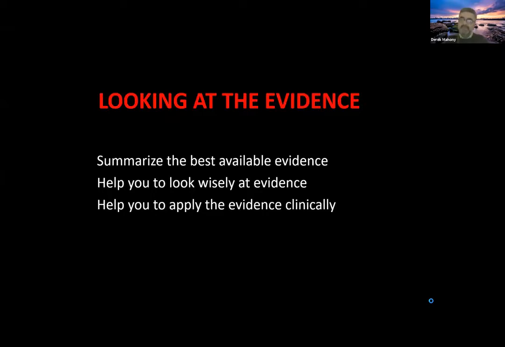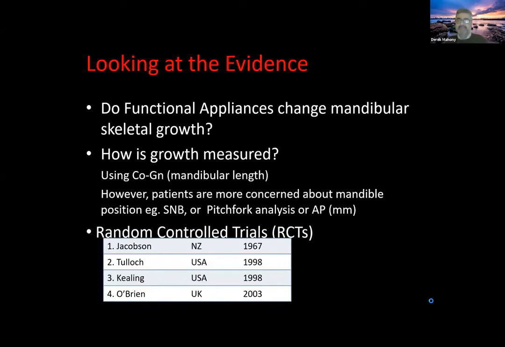Now, we talked a bit earlier about looking at the evidence. And I've read many, many papers in my 34 years. And I want you to understand that for the best available evidence, you need to read beyond just the conclusions of the paper. Look more closely at the methods and materials before you apply that evidence clinically, right?